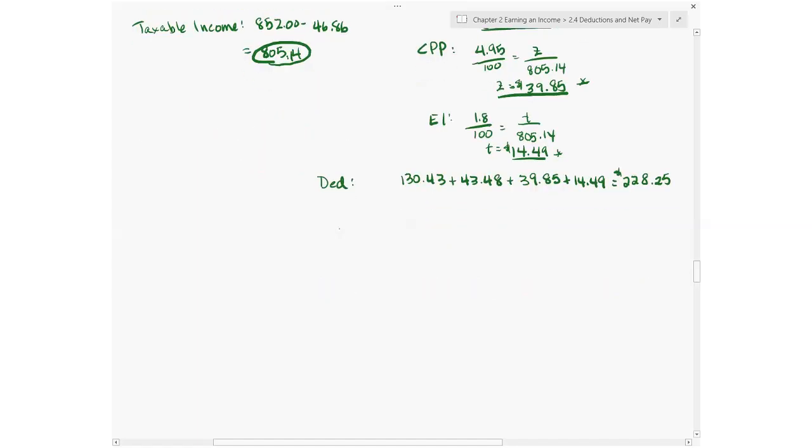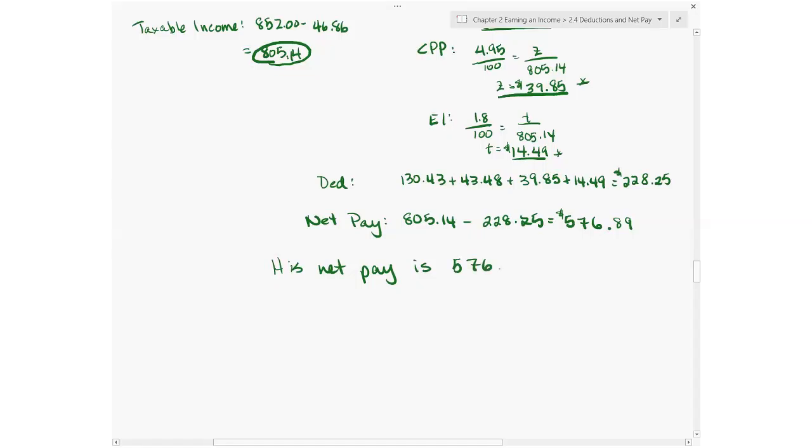So now his net pay is going to be 805.14 minus 228.25. It's 576.89. So his net pay is 576.89.